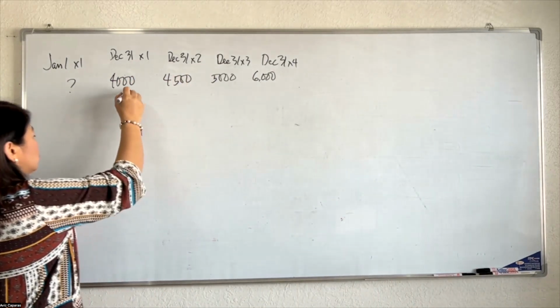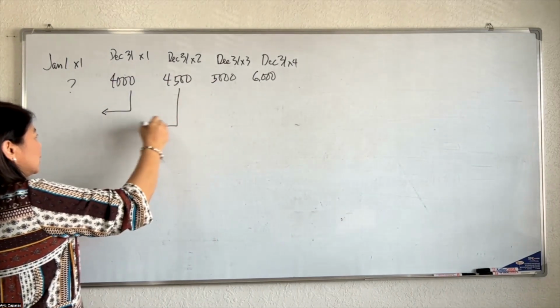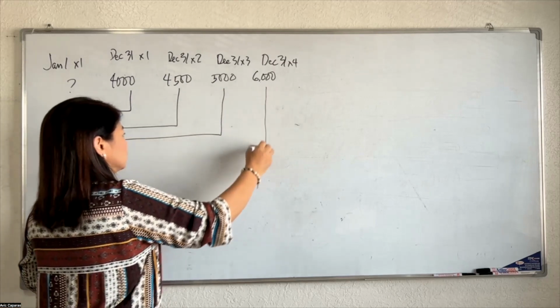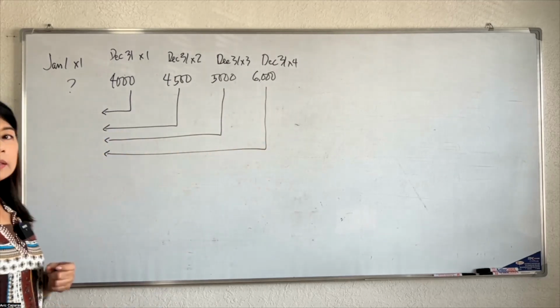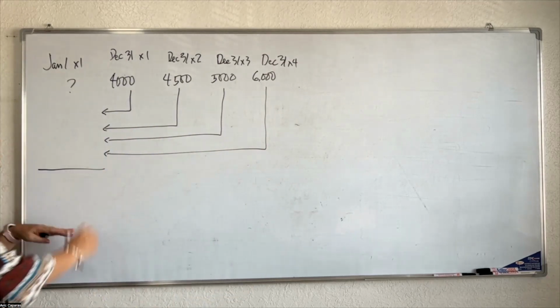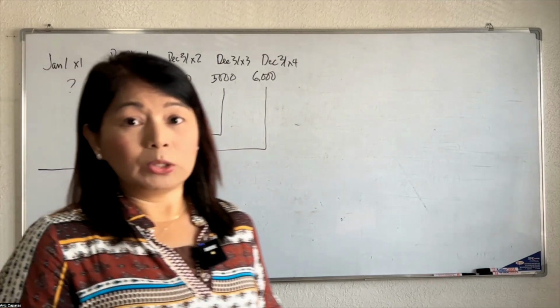So what you have to do is get the present value of each amount and then add them all up.